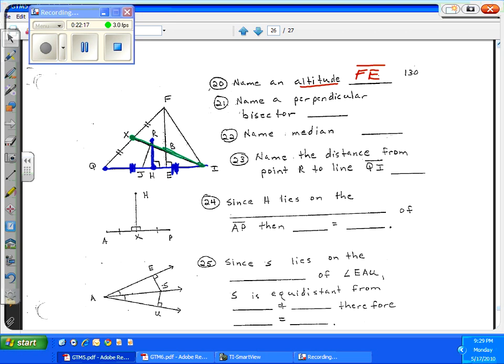IX is a bisector. So we got two bisectors. But we don't want a bisector. We want a perpendicular bisector, which means not only does it hit the midpoint, it also hits at 90, and the only one of those that does both is RH. RH is a perpendicular bisector of QI. Any questions on that?